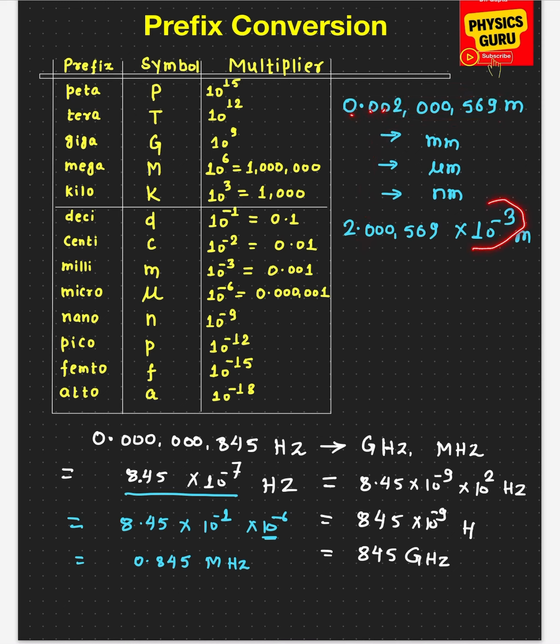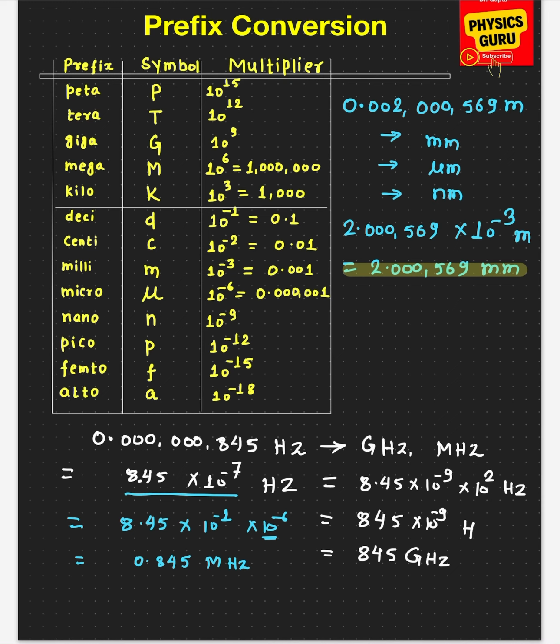So 10 to the negative 3. And then you have to put the decimal here. So this in fact means 2.000569. What does 10 to the negative 3 mean? 10 to the negative 3 means millimeter. So I now have millimeter. Let me highlight this one so that you have one completed. That's in the millimeter format.